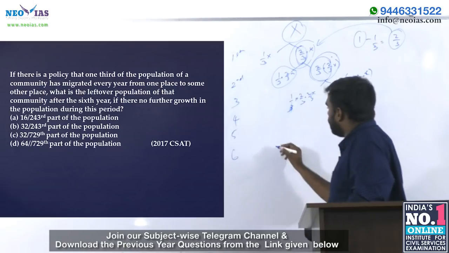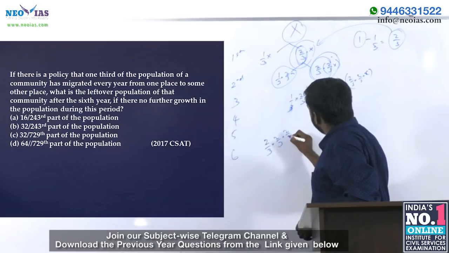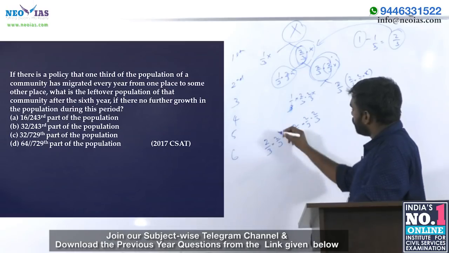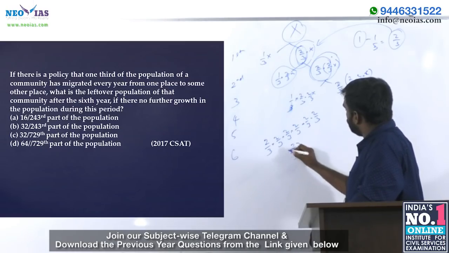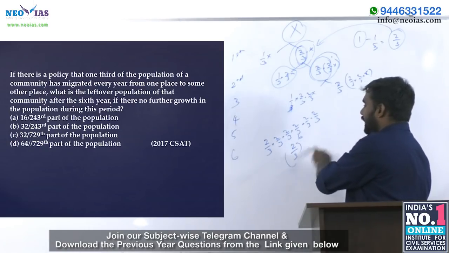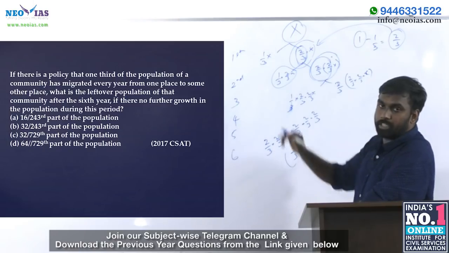So in the sixth year 6 2/3s will indicate the remaining population. So 6 2/3s means what to say? 2/3 raised to 6. So this is the only calculation which is required while doing this problem. All these are just for the sake of explanation.